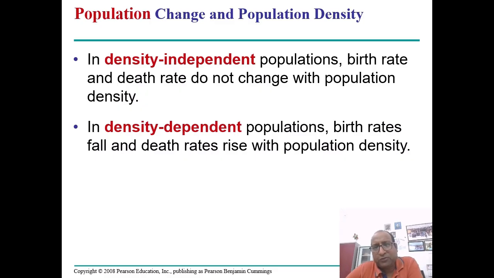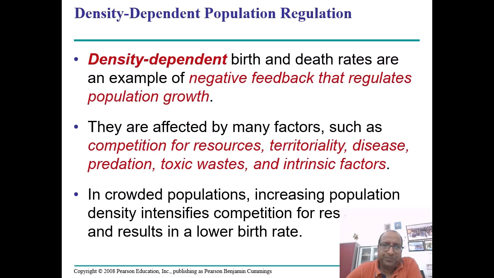So density controls the population size. While in a density-independent population, the birth rate and death rate have no effect on the population density. The population will be growing at its own pace. So density-dependent birth and death rates are an example of negative feedback that regulates population growth.